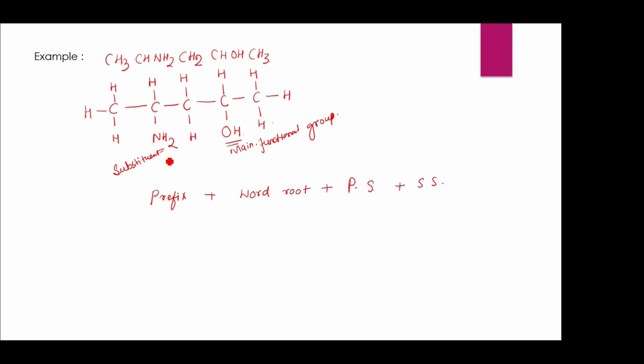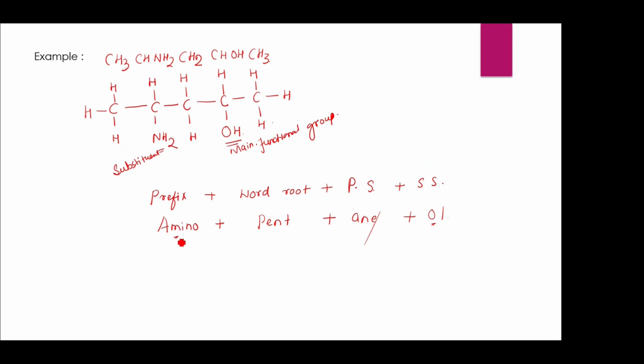So the prefix is the amino group, plus the word root is pent. Since all are carbon-carbon single bonds, the primary suffix will be ane, and the secondary suffix, the main functional group, will be ol. Again, the main functional group starts with a vowel, so the e of the ane will be dropped while naming the compound.